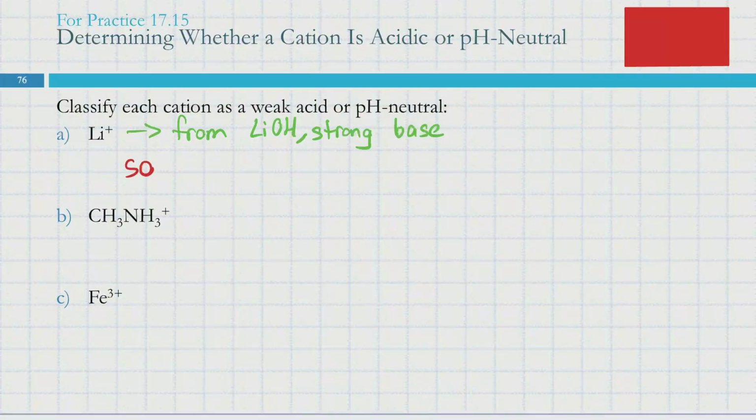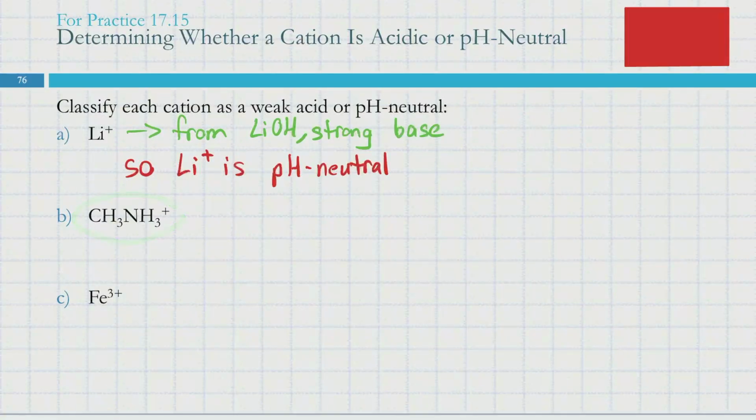Since it came from a strong base, lithium ion is pH neutral. The strong base means that it completely dissociates. Those don't have a very strong affinity for each other. It's going to stay dissolved as lithium ion.